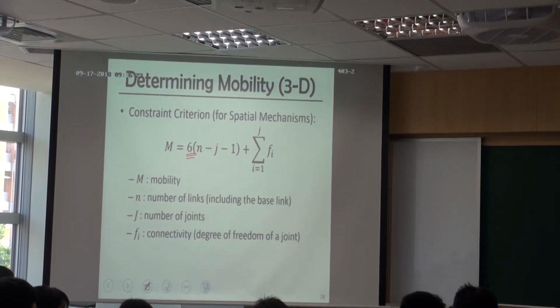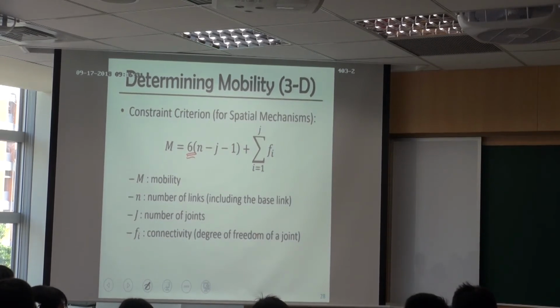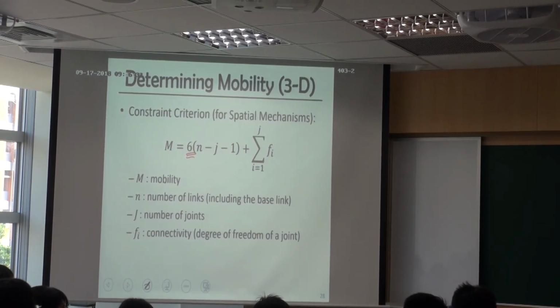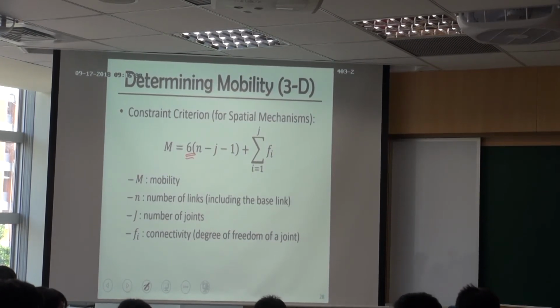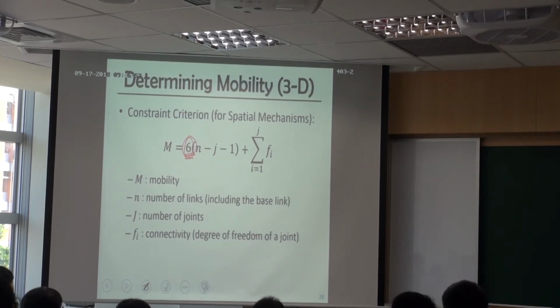But for a spatial link, you can move in the X, Y, Z directions, and you can also rotate about X, Y, Z. So there are 6 degrees of freedom in total. So the only difference in the equation is the 6; we use 6 instead of 3, and the rest are the same.